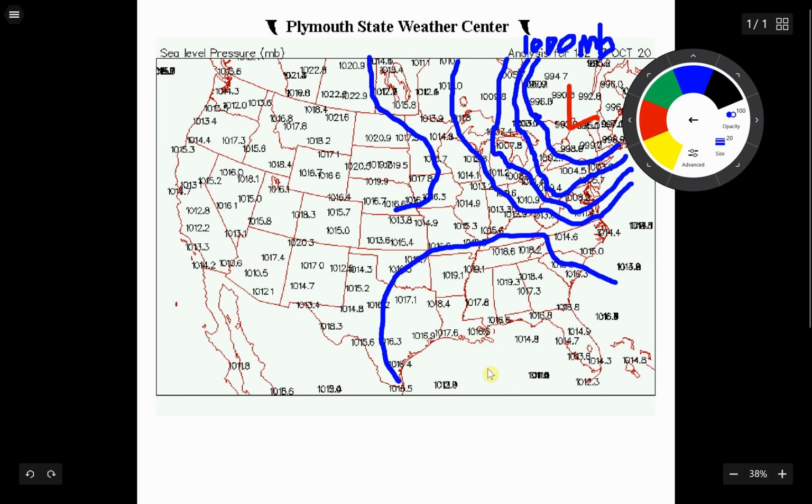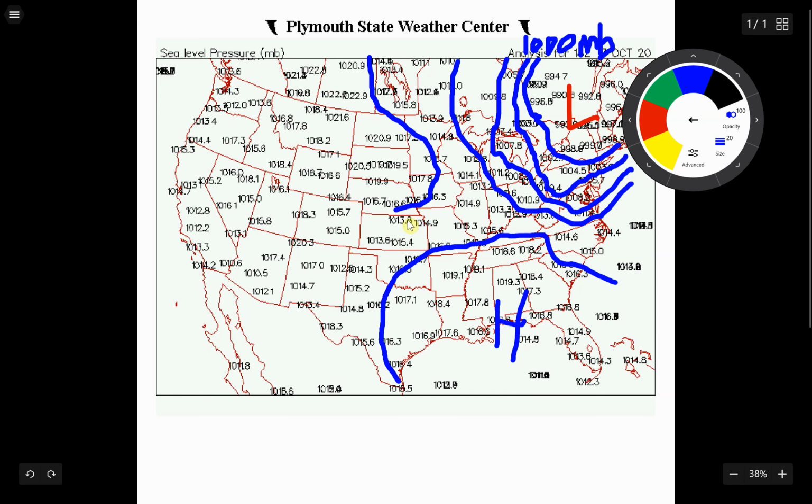And let's see, 1016, 1012. Looks like all of this is above 1012. So we're okay. So this is one high pressure system here. Okay. And then remember we had the one over here in the Midwest.